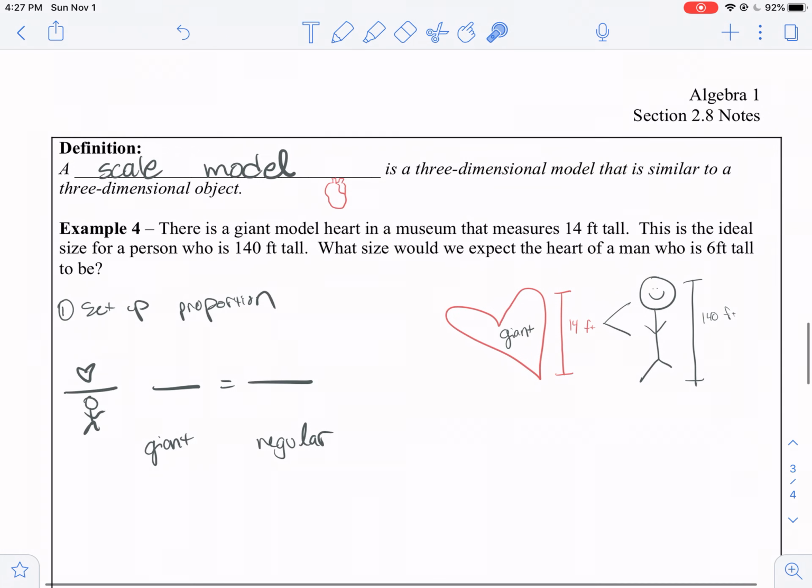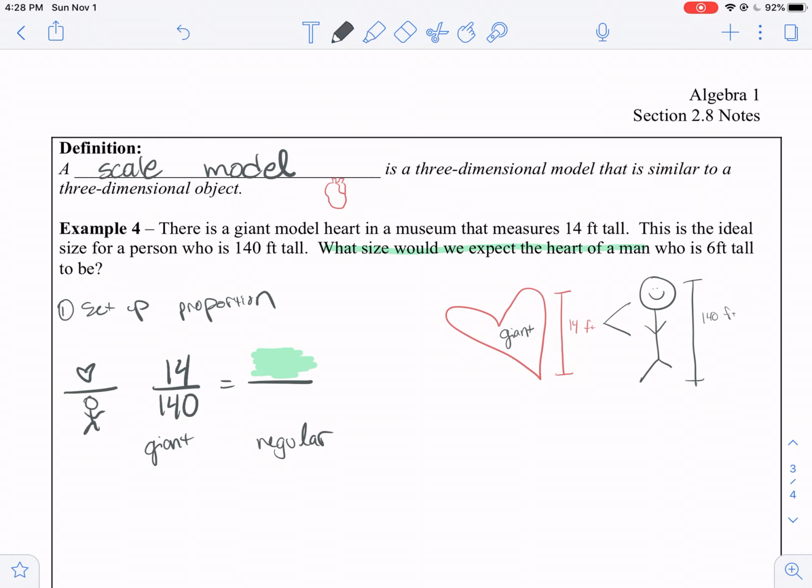So how tall is the giant's heart? Well, the giant's heart is 14 feet. And how tall is the actual giant? Well, he's 140 feet. Cool. And how tall is a regular person's heart? Well, we don't know. That is the question. What size would we expect his heart to be?